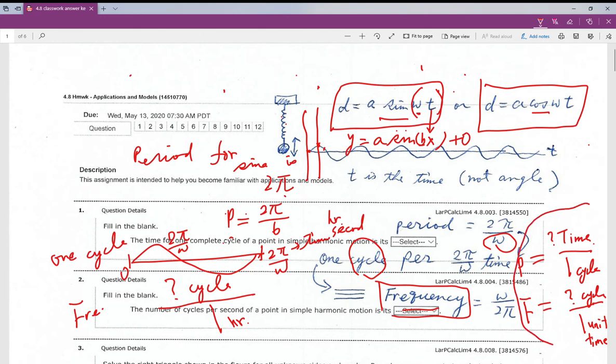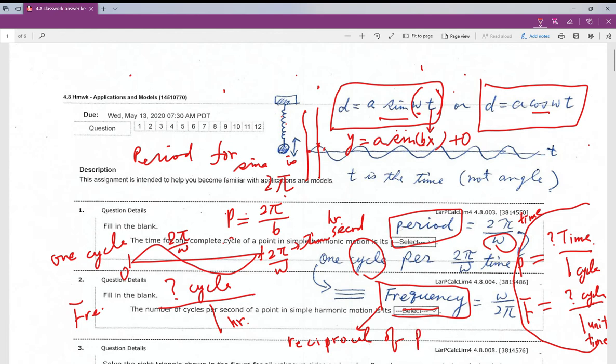Okay. How do you memorize the formula for frequency? Simply, you already have the period of the time, and then the reciprocal is the frequency.